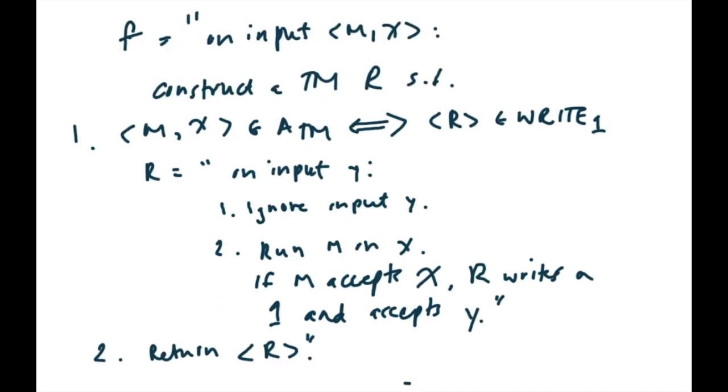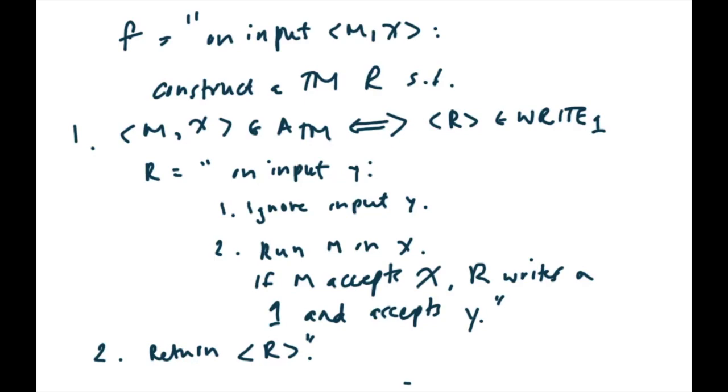If Write1 were decidable, our algorithm to also decide ATM would look like this. Our algorithm F would take in M, X, and it would construct a Turing machine R. And we want this machine to be in Write1 if and only if M, X is in ATM and vice versa.